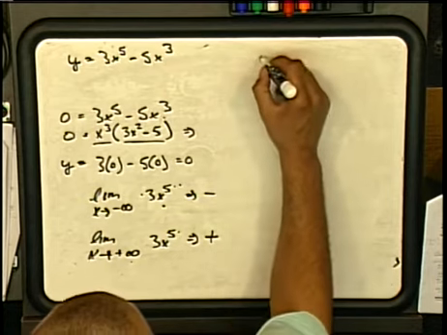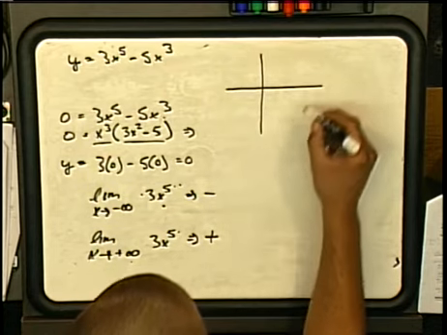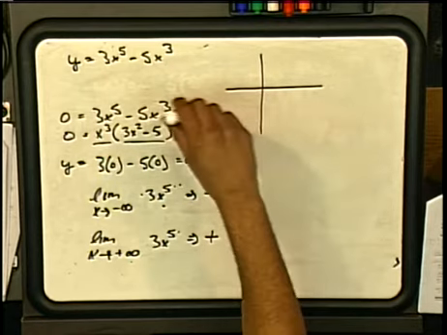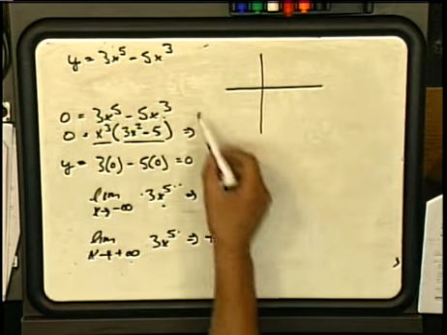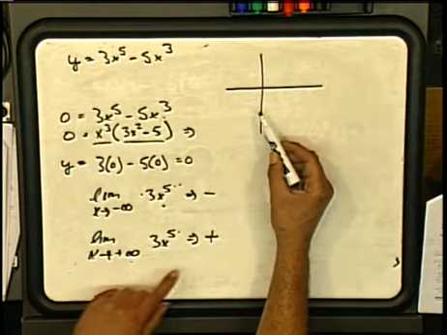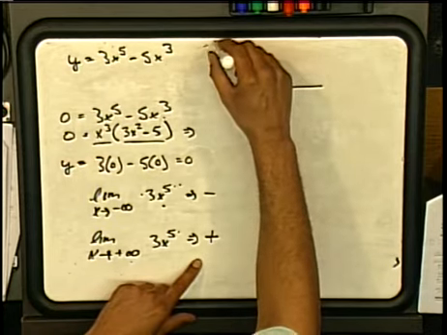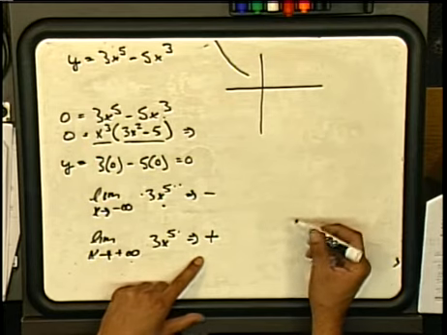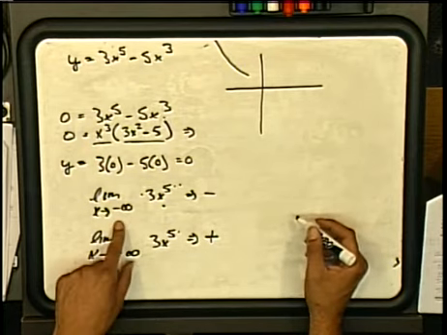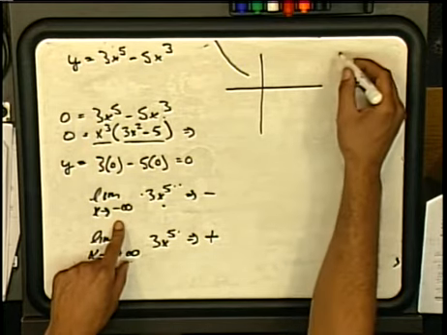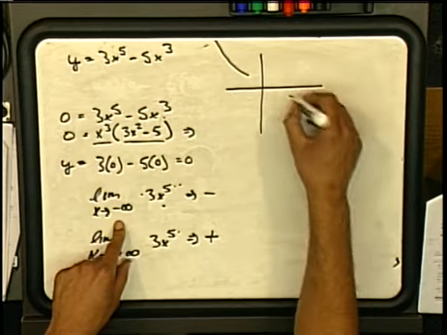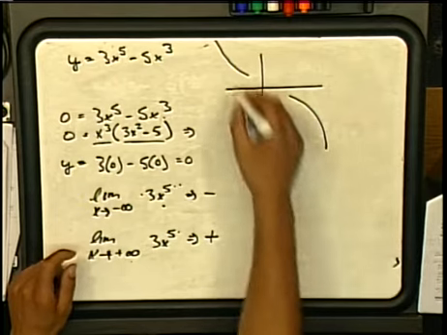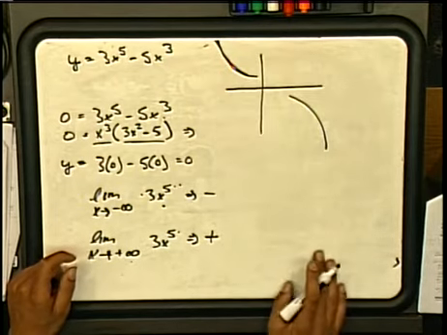So that means when you're coming from positive infinity x, it's coming from positive infinity y, like that. And when you're coming from negative infinity x, it's coming from down here. That's all.